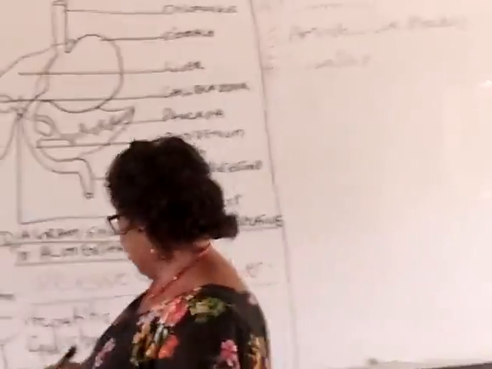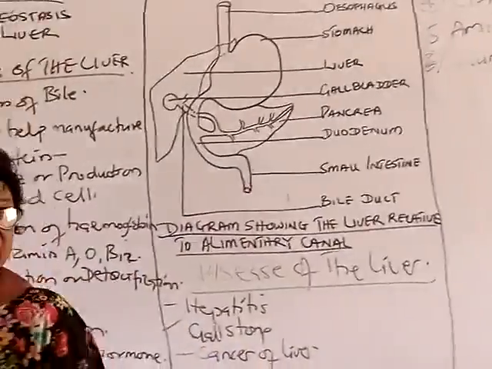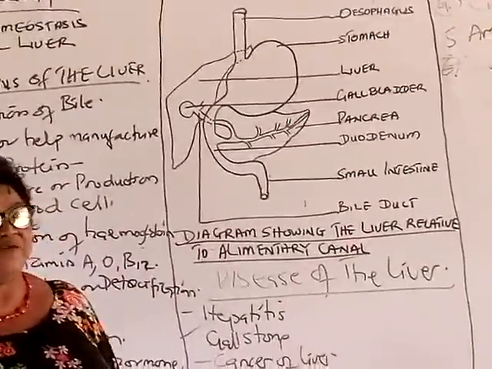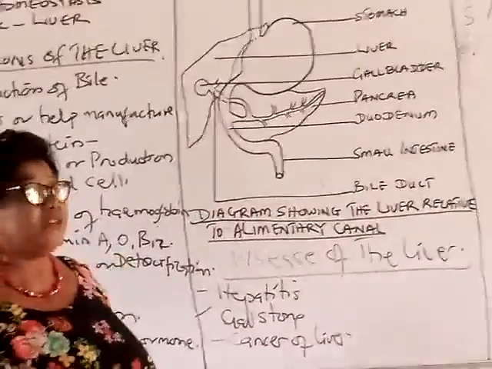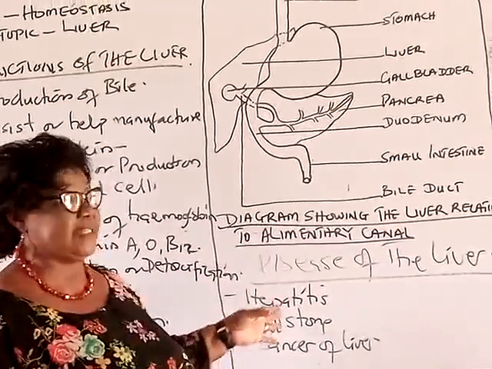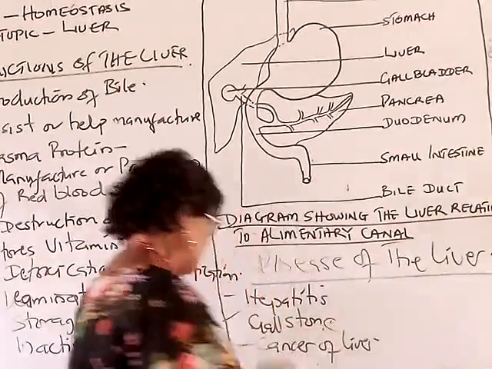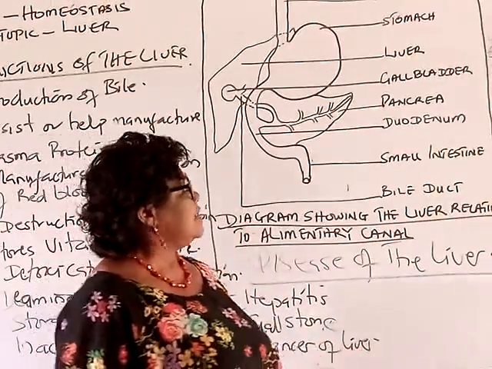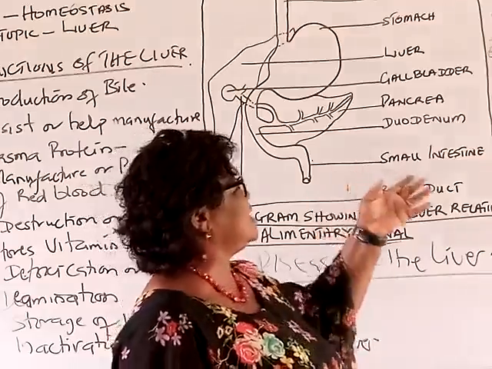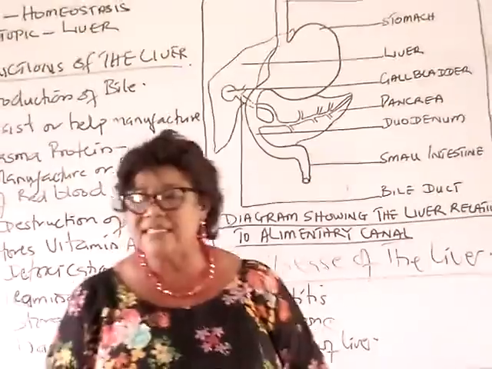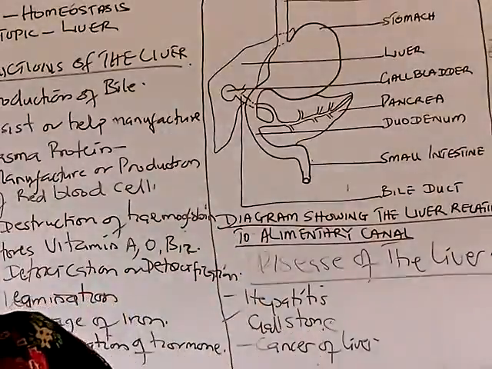Now let's just quickly have a highlight of these diseases. Remember I said diseases that are likely to affect the functioning of the liver. The first one is hepatitis, the second one is gallstone, the third one is cancer of the liver, the fourth one is cirrhosis, then amoebic liver abscess, and then jaundice. Now let's talk about hepatitis.